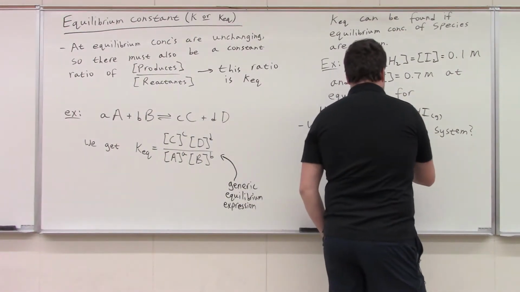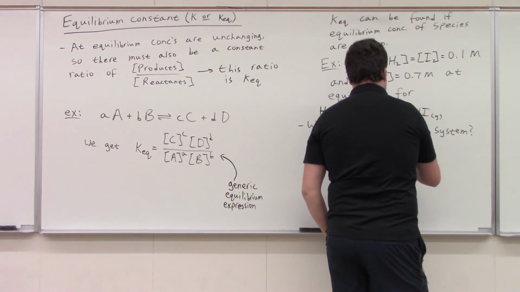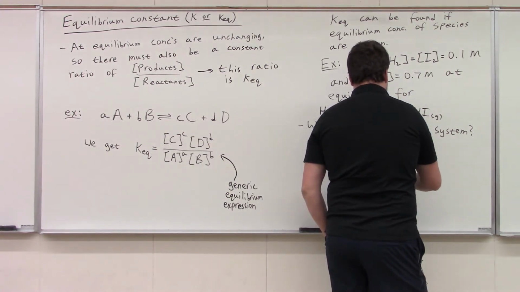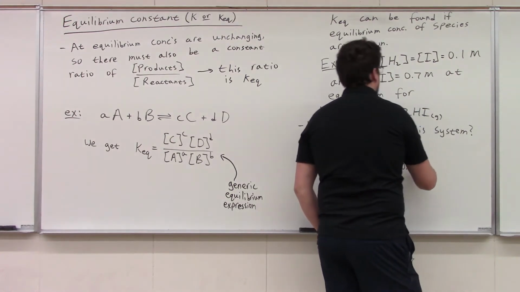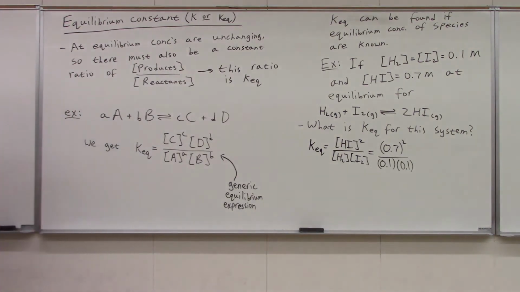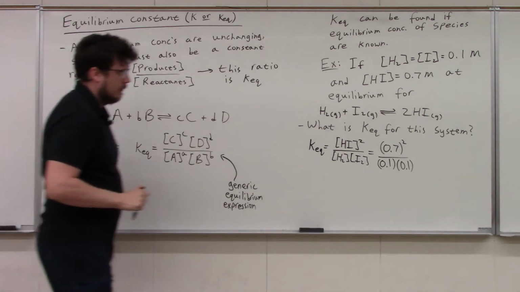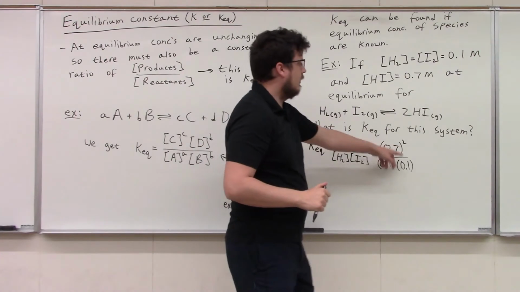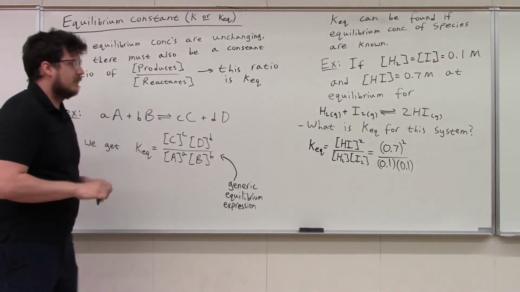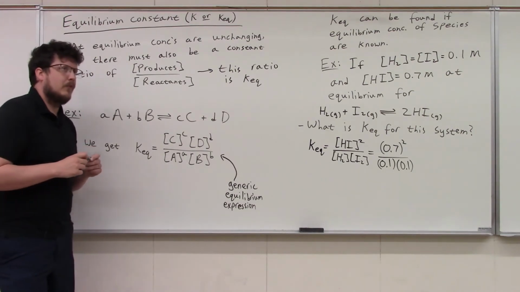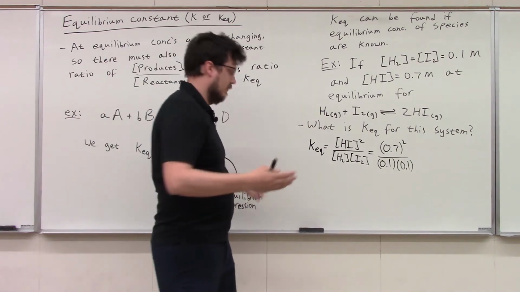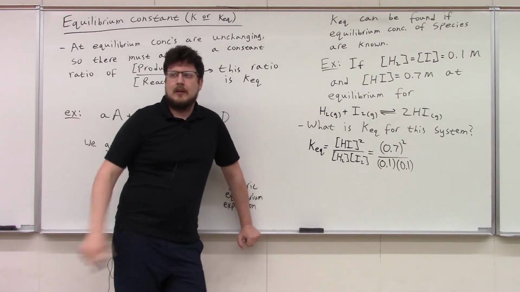So I have 0.7 squared over 0.1 times 0.1, since both of these were 0.1. Now one thing I want to point out here, before we do the quick calculation: I didn't write any units here. KEQ is a unitless constant. So it's a little different than the reaction rate constant, where the units varied depending on the situation, like the units of a second order reaction.